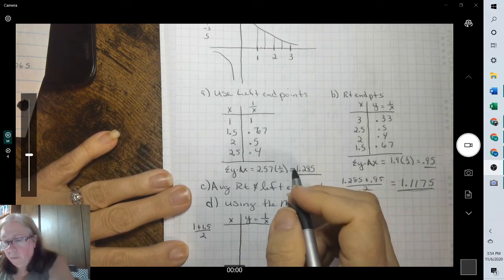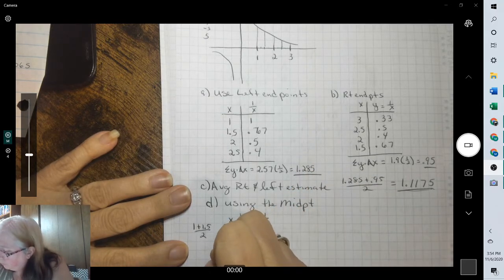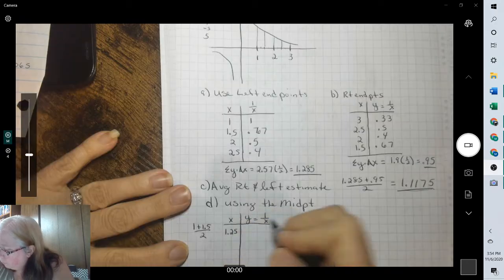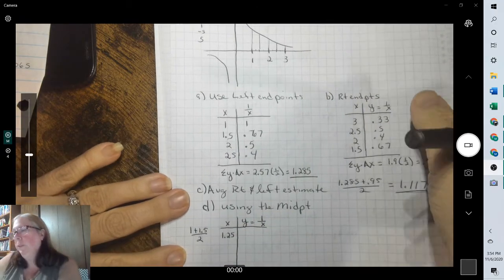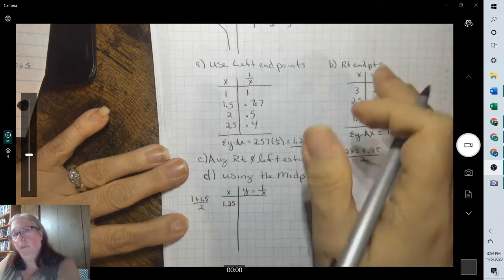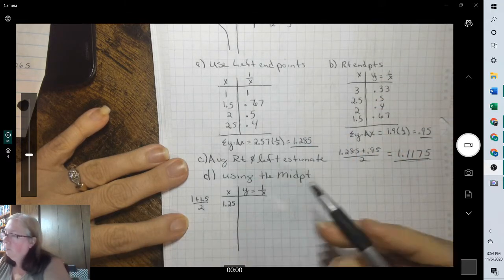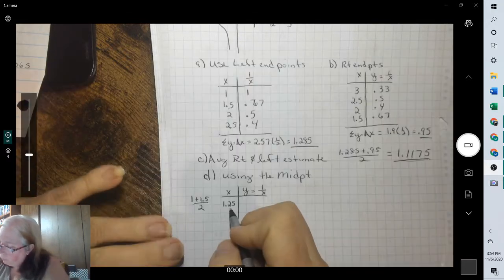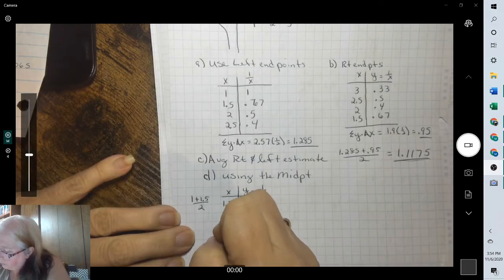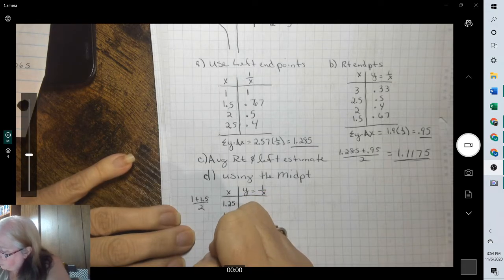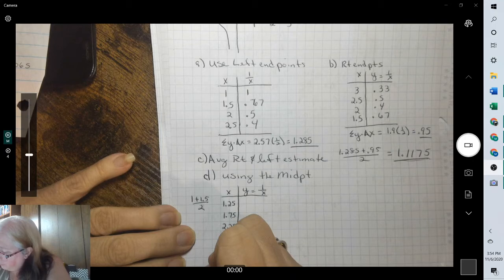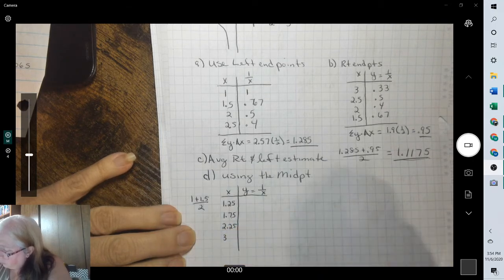So you should get 1.25. Now you don't have to find the midpoint of all of them, because once you find that, you just add your change in x, which is 0.5. So it's 1.75, 2.25, 2.75.